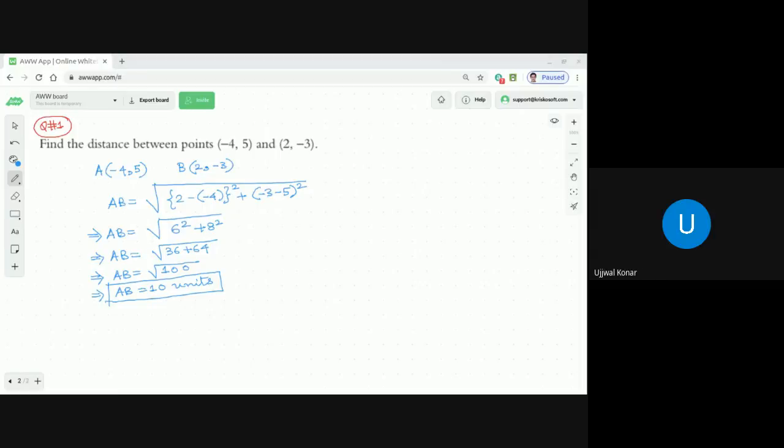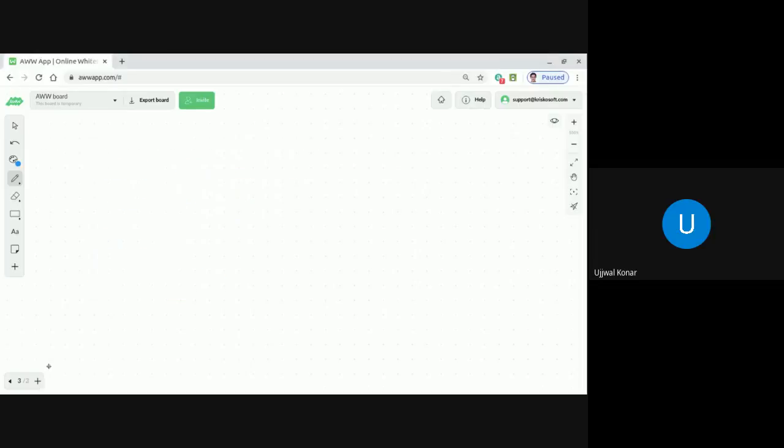The next question is something like this, and you will be able to get it on your screen in another few seconds. The question is, find a if the distance between the points A (8, -7) and B (-4, a) is 13 units.